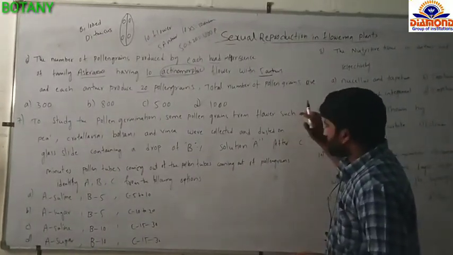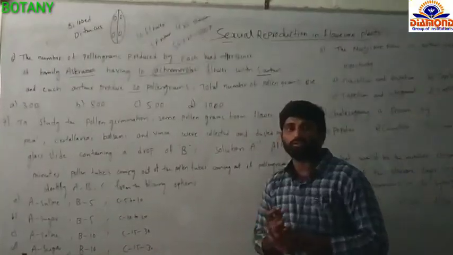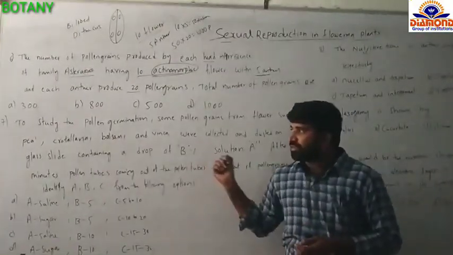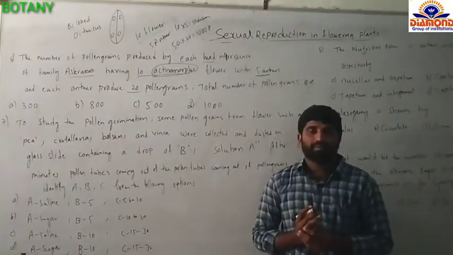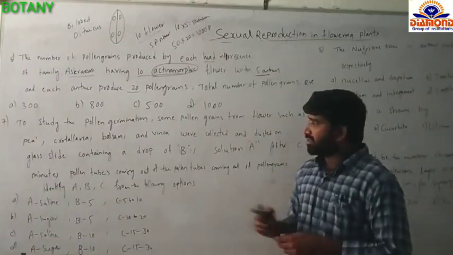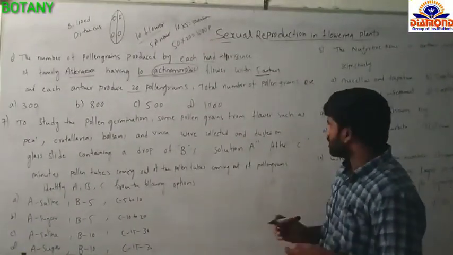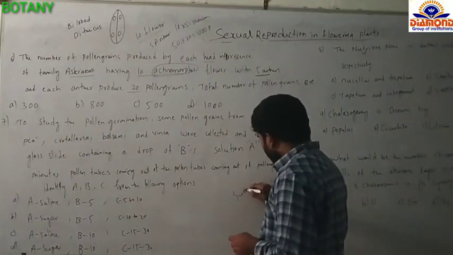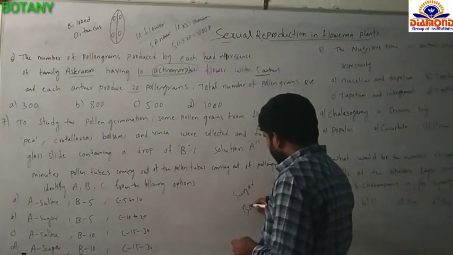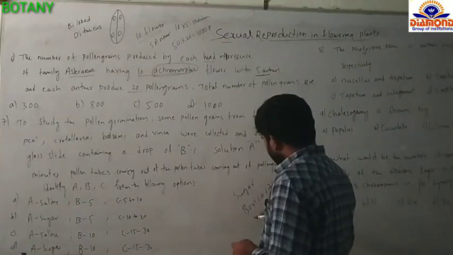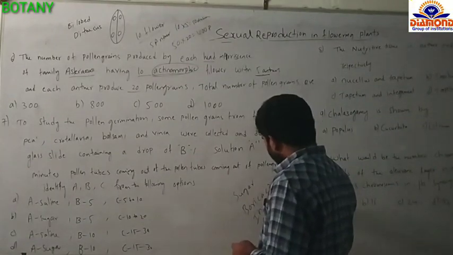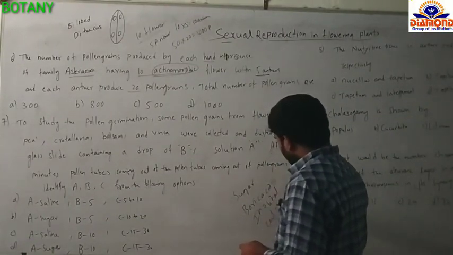We have studied this type of question, and when doing the lab on pollen grain germination, you use some chemicals: sugar, boric acid, inositol, and calcium.